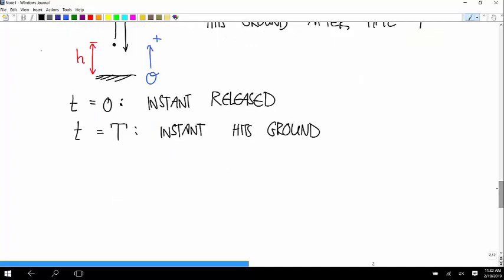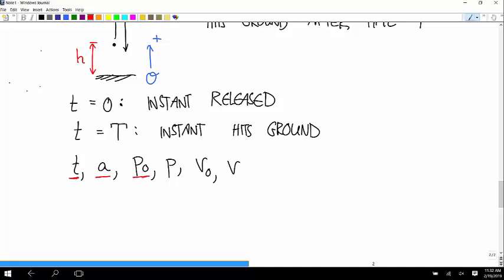Okay, so what do we know? Out of T, A, P sub 0, P, V sub 0, V. We know T, we know A, because it's free fall.